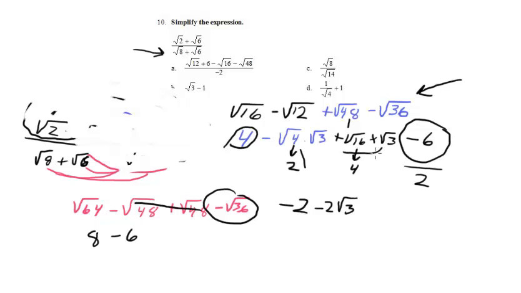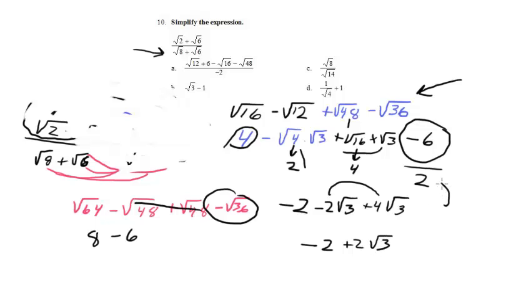And here I have 4 plus 4 times the square root of 3. So that gives me negative 2 right here, minus 2 right here. So that's plus 2 times the square root of 3.